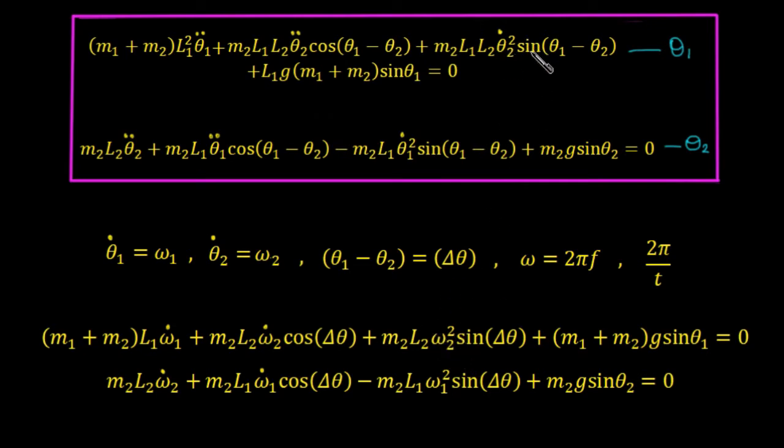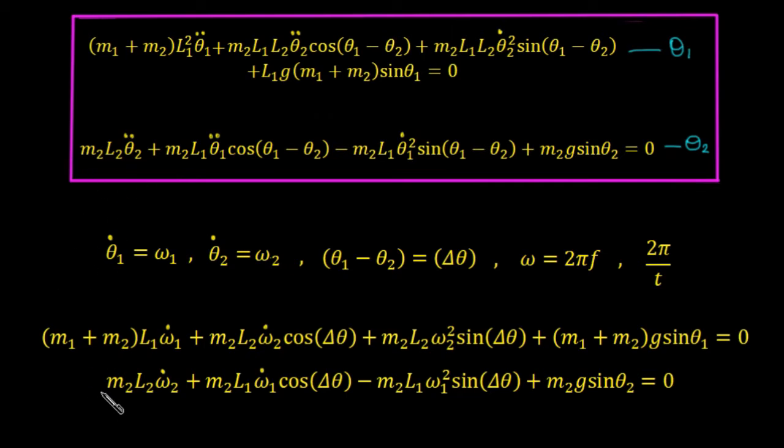And the sine of theta 1 minus theta 2 is just going to be our sine delta theta. The final term will just be left with our g, m1 plus m2, g sine theta 1, and that is all equal to 0. So take your time and read over that and ensure you understand how we got from this line to this line using these terms as substitutions.